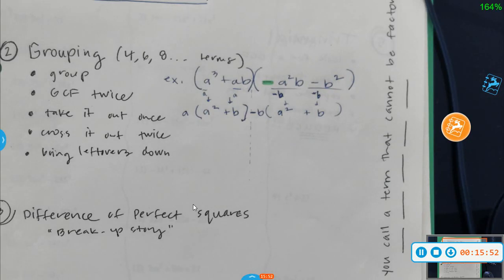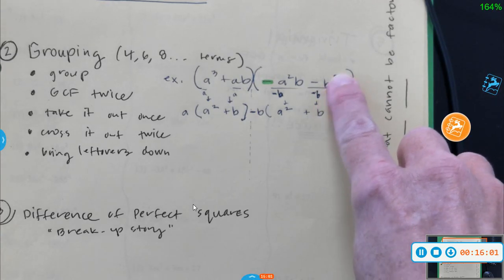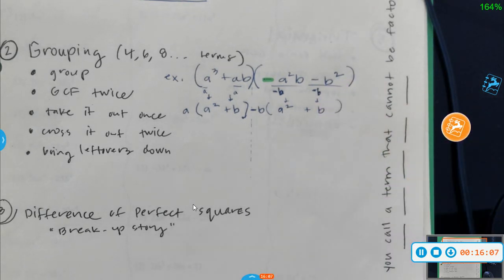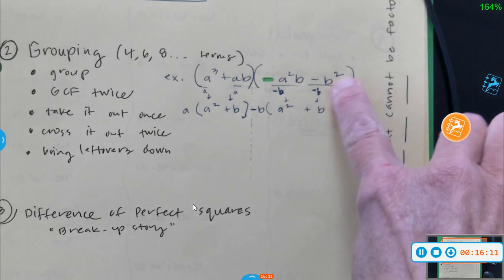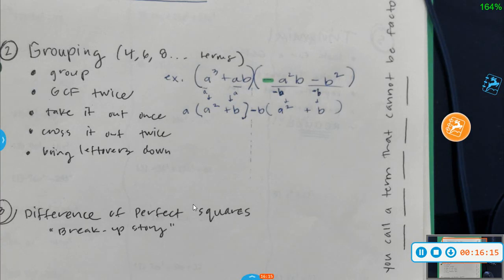What happened to the exponent on B? Right here? Yeah. If you've got 2 on the top and 1 on the bottom, you're going to be left with 1 on the top because one of them is going to cancel. 2 subtract 1 is 1. Is that where you're talking about, right there? You don't make it a B cube? No, you subtract. Remember the rules from last week.